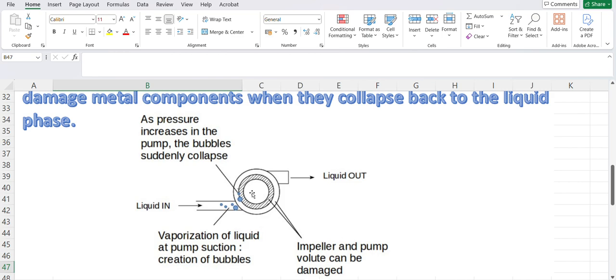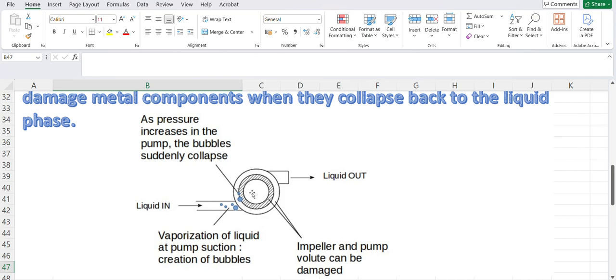Then as the pressure increases, the bubble formation goes on the higher side, and it collapses after traveling a certain distance through the impeller, and that can damage the pump casing as well as the impeller.